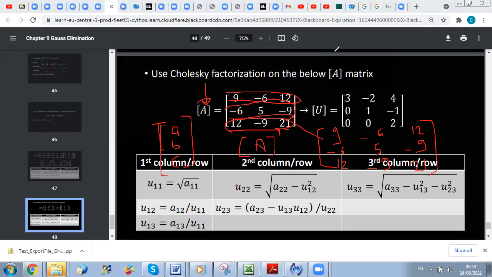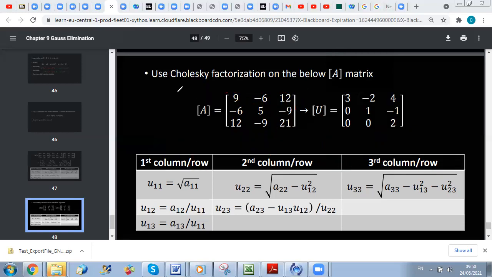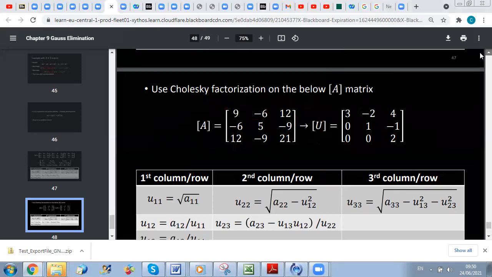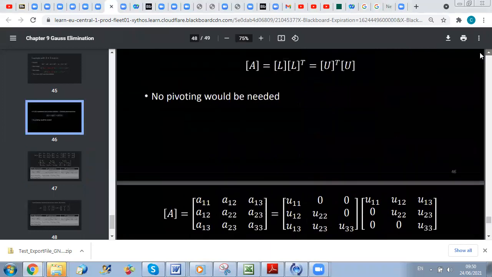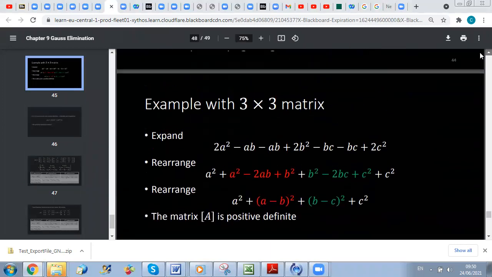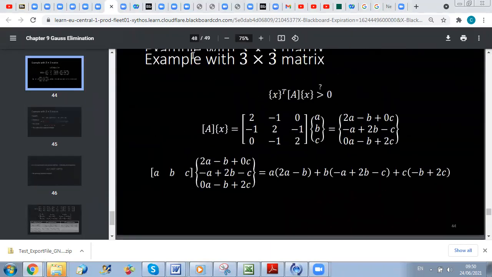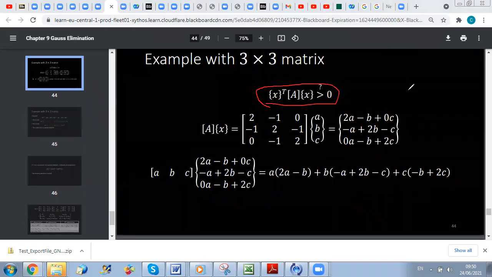Second condition, I should verify that it's positive definite. If you remember, this is the condition; we already verified this for other matrices. So just try to do it: compute x transpose times A times x and verify it's positive.